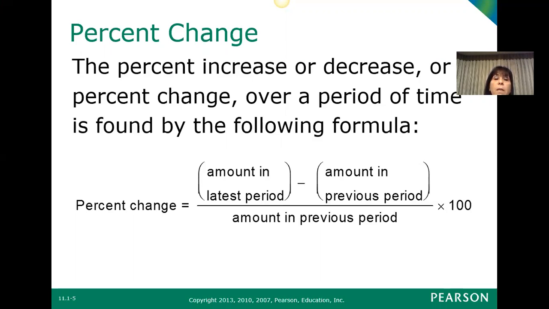You always take the latest amount minus the original amount, which is the amount in the previous period, and divide by the original. So it's always the last amount minus the original divided by the original, and then you multiply that by 100, and that will give you your percent change.